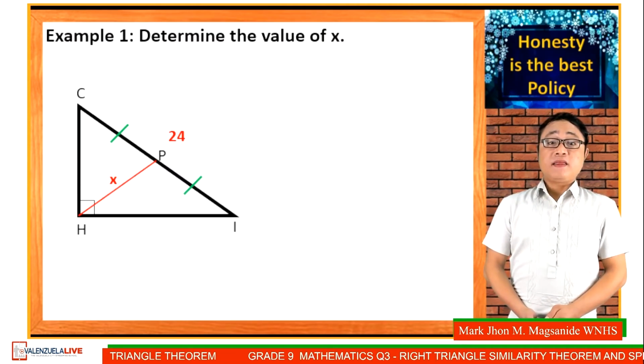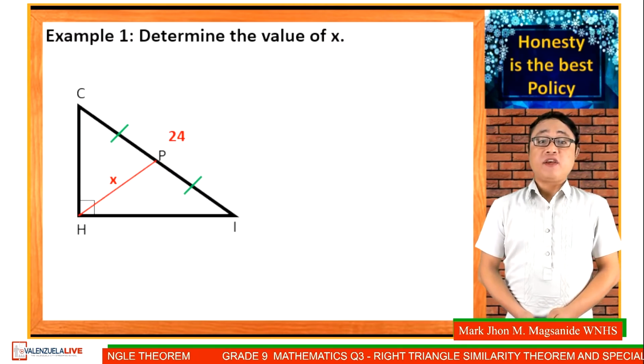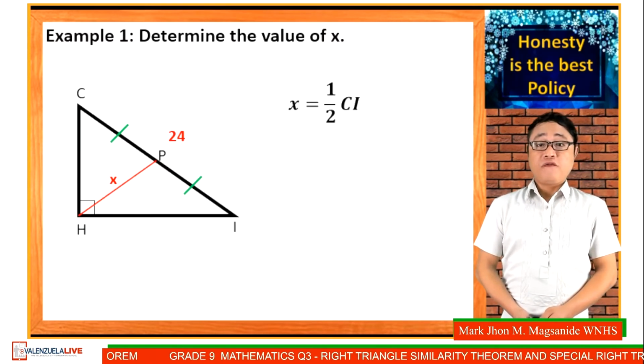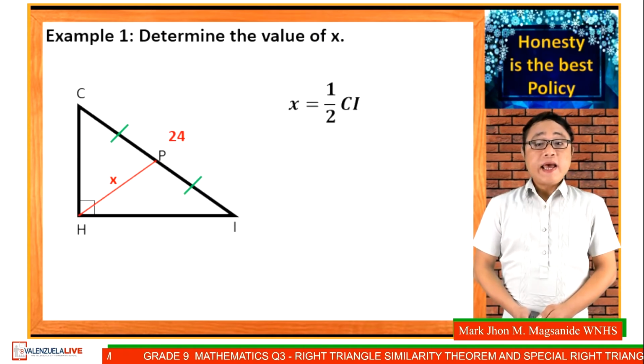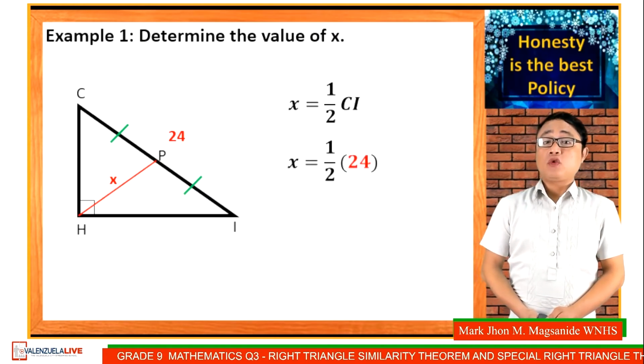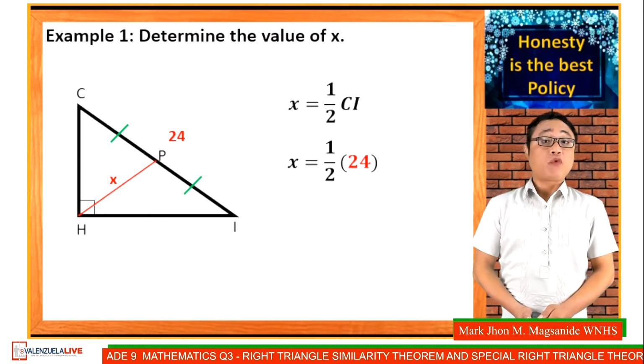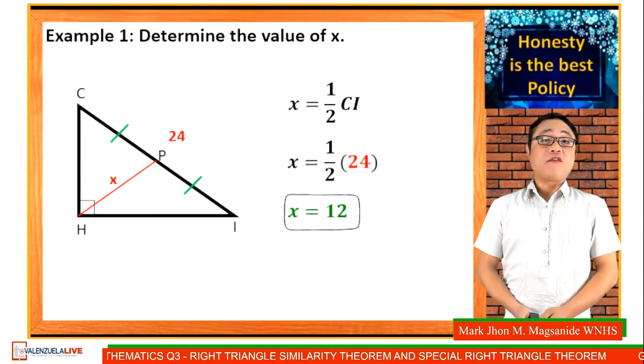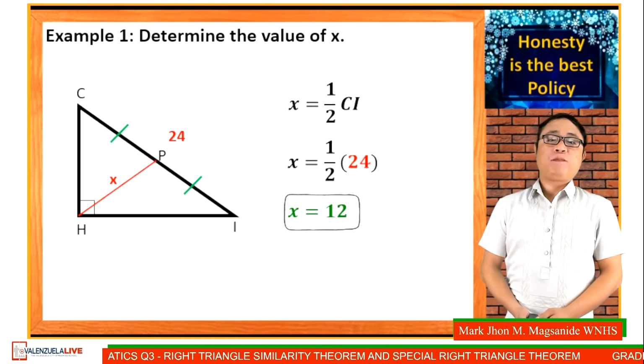Applying the median theorem to solve for the value of x, x is equal to 1/2 of CI. The length of CI is equal to 24, and 1/2 of 24 is equal to 12. Hence, the value of the variable x is 12.